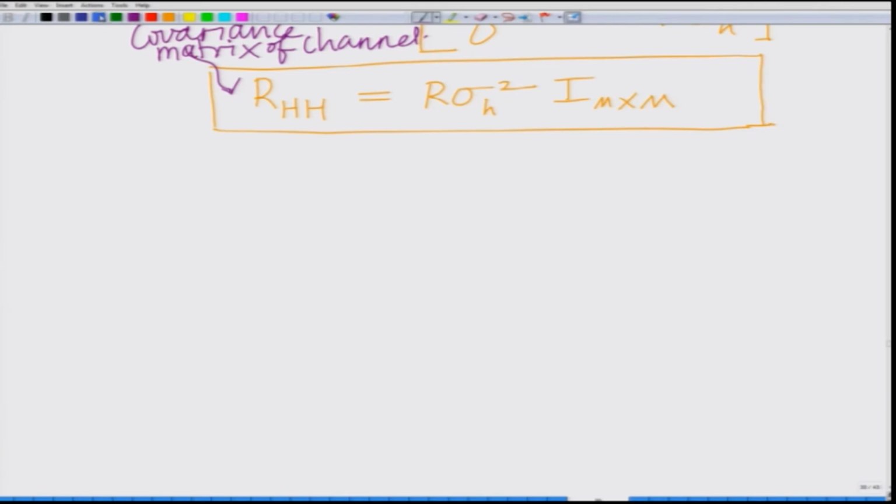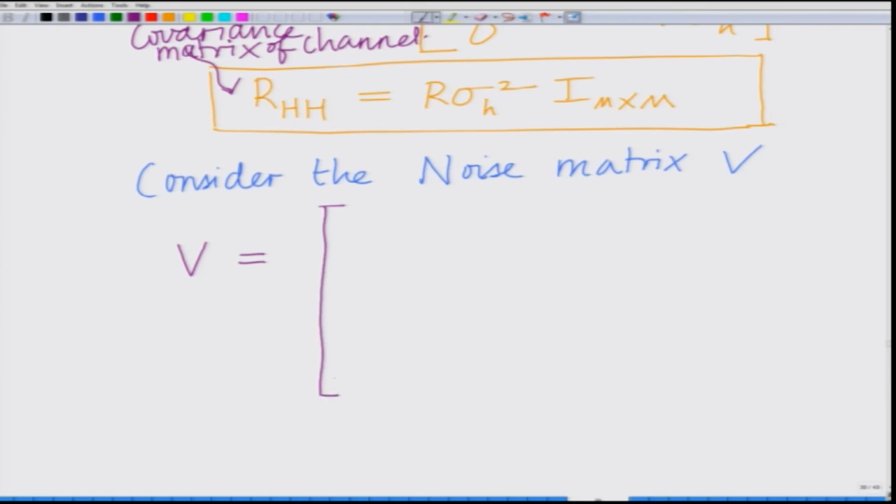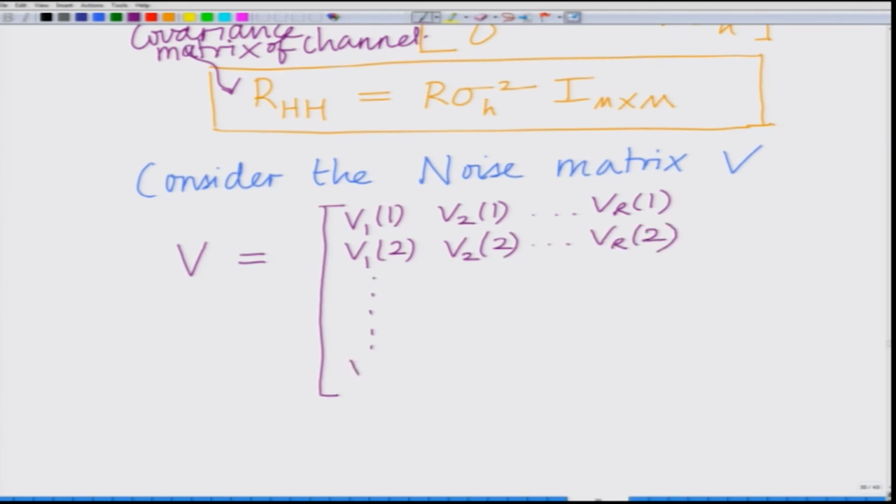Consider the noise matrix V. V is an n cross R matrix, as you may remember from the previous module: V11, V21, so on up to VR1, V12, V22, up to VR2, so on up to V1N, that is the noise sample on antenna 1 at time n, V2N, so on up to VRN.